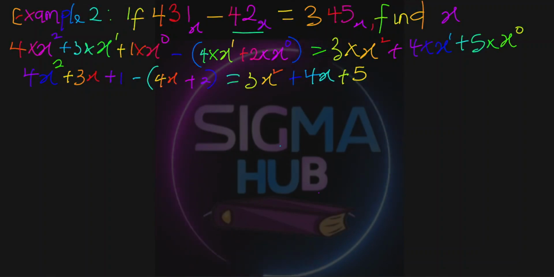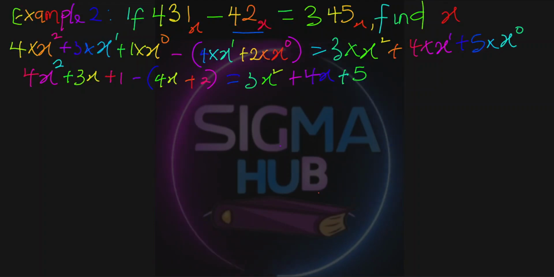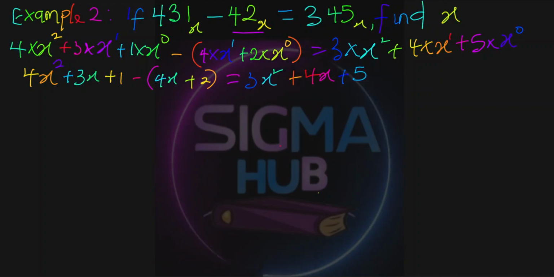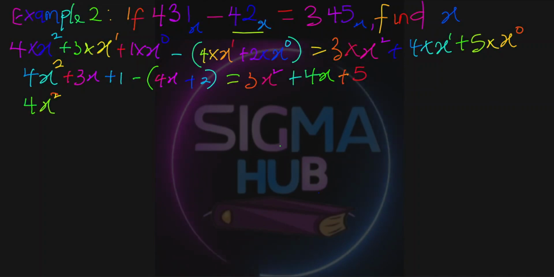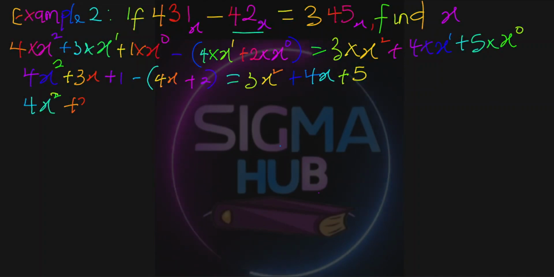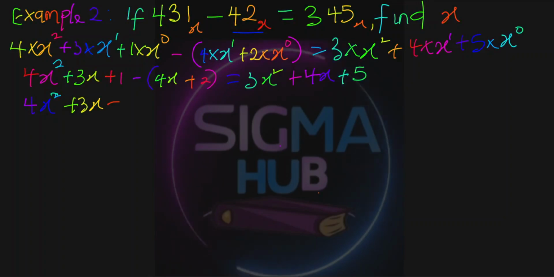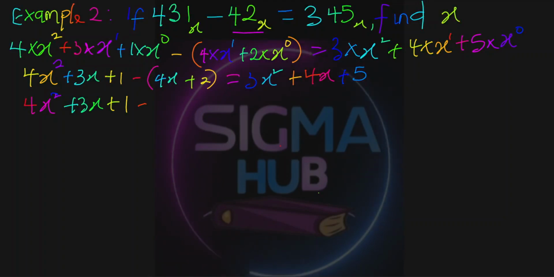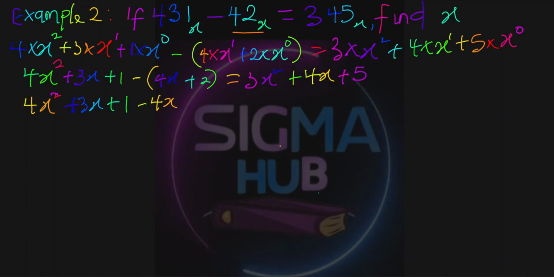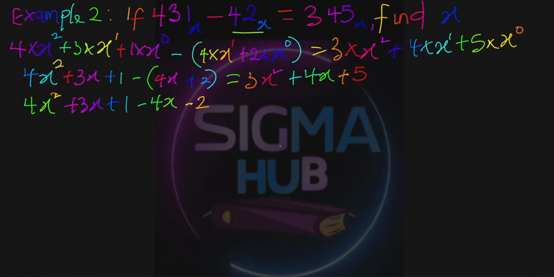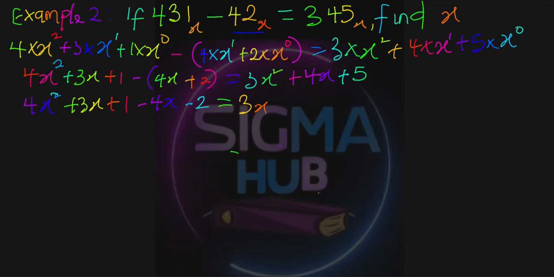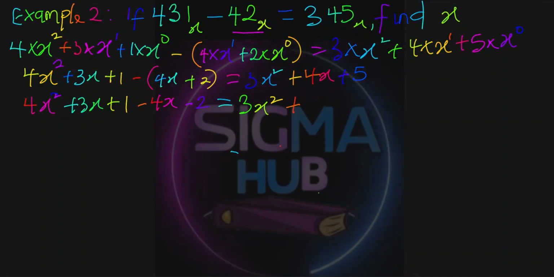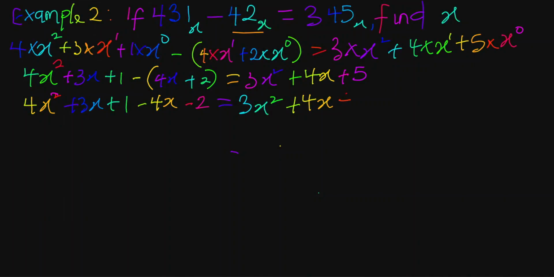So all we need to do is expand this bracket. So we have 4x squared plus 3x plus 1 minus 4x minus 2, everything equal to 3x squared plus 4x plus 5.